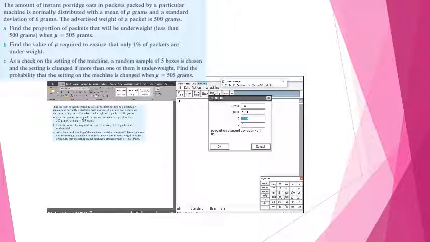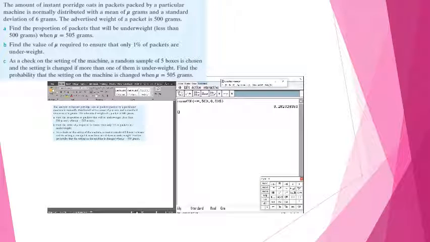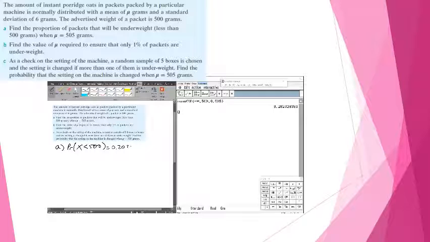Our sigma is 6, and our mean here is 505. So then we have 0.2023. So A, the probability of x being less than 500 is 0.2023.